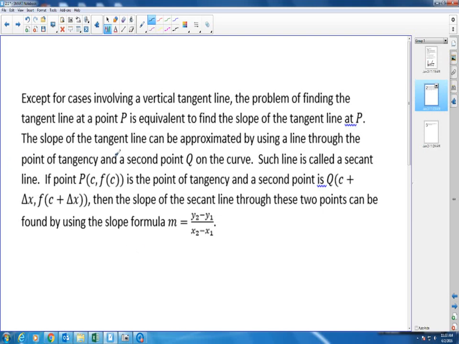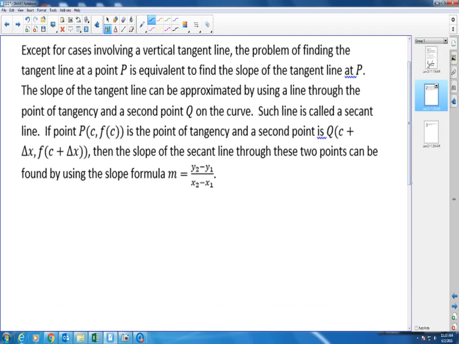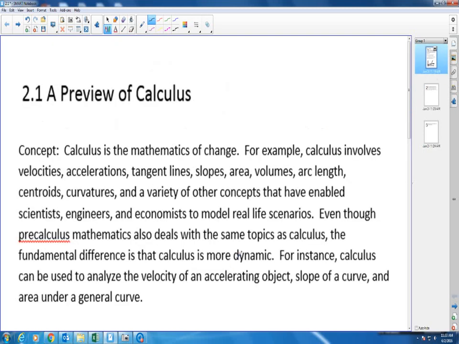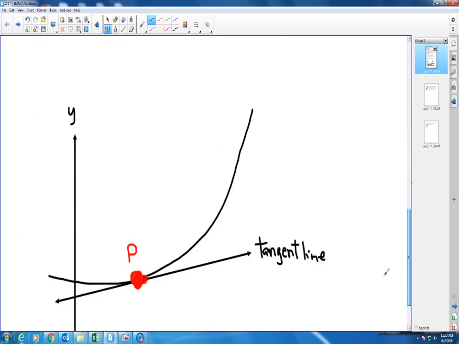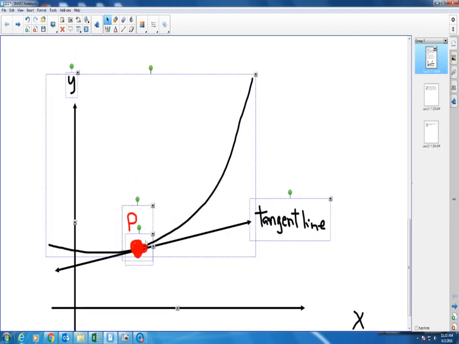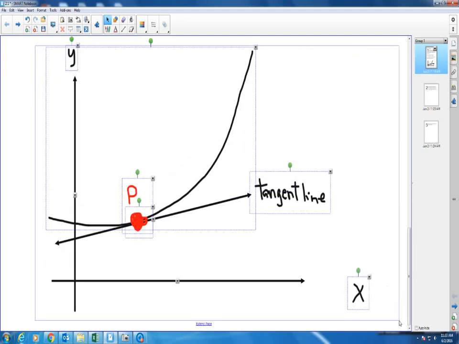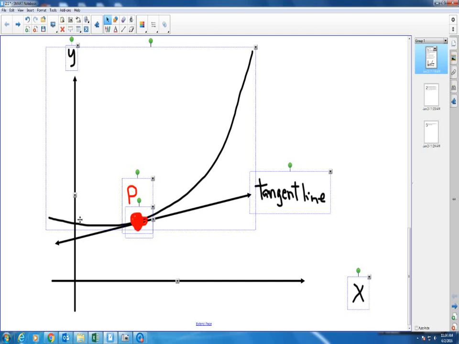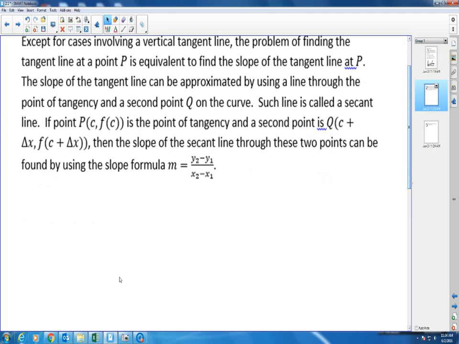The slope of the tangent line can be approximated by using a line through the point of tangency and a second point called Q on the same curve. That line will be called a secant line. I'm going to use the same picture here. So I already drew my tangent line.